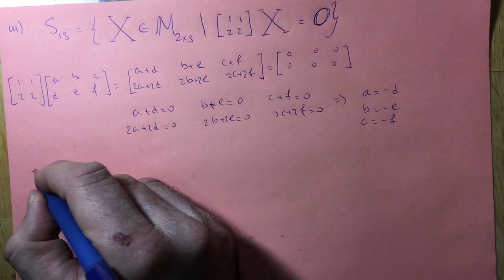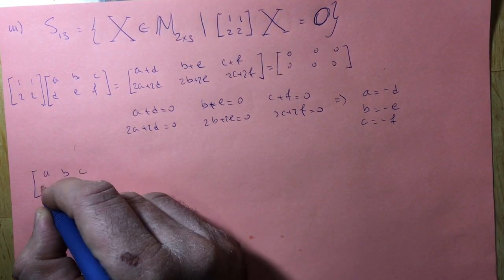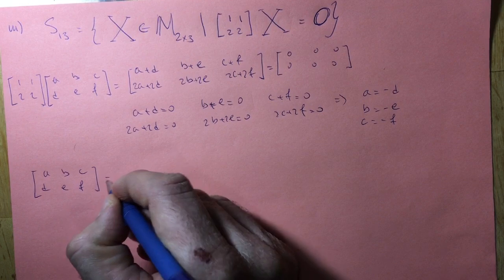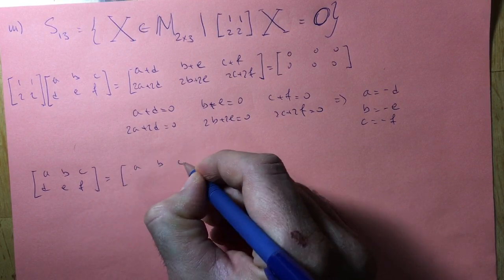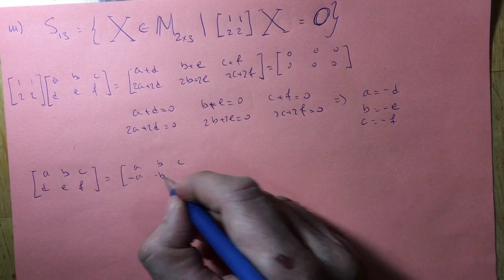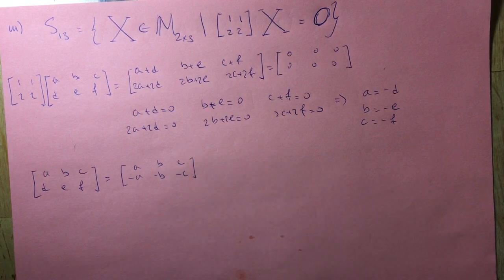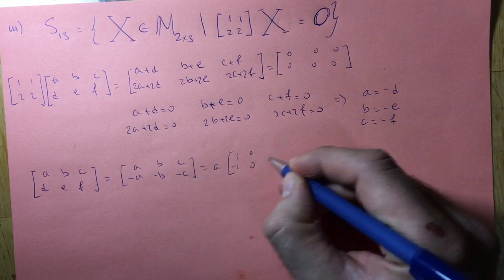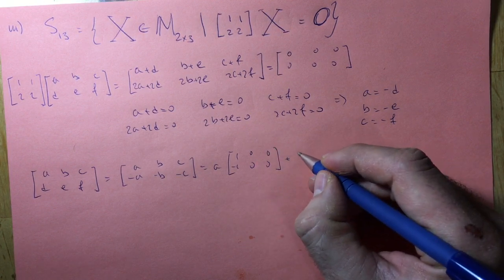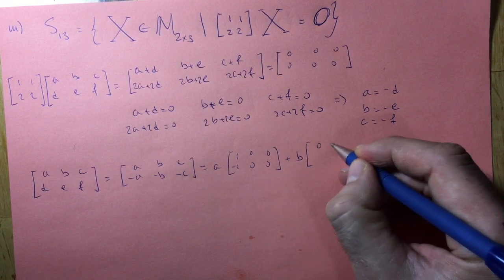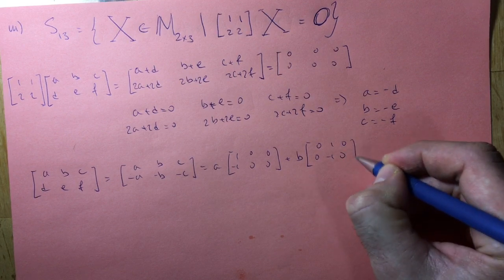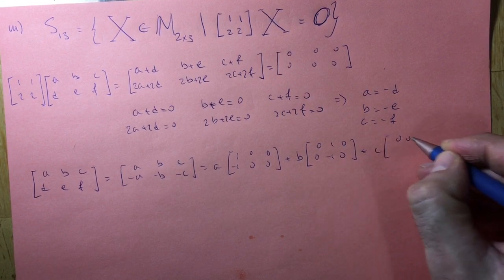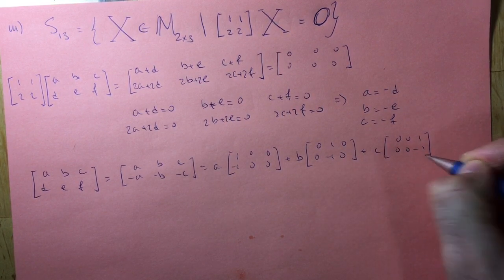That means that my matrix basically is [a, b, c; negative a, negative b, negative c], which is a times [1, 0, 0; negative 1, 0, 0] plus b times [0, 1, 0; 0, negative 1, 0] plus c times [0, 0, 1; 0, 0, negative 1].